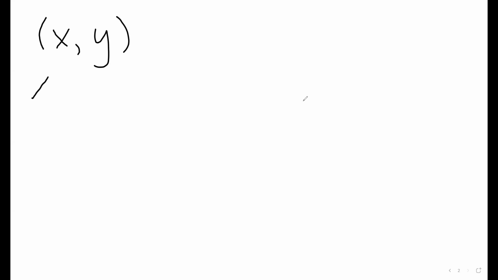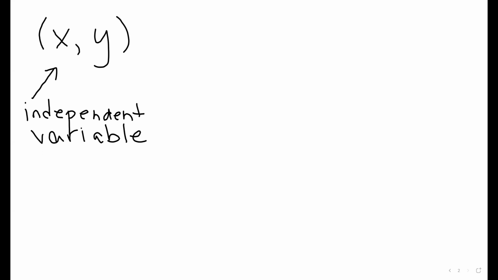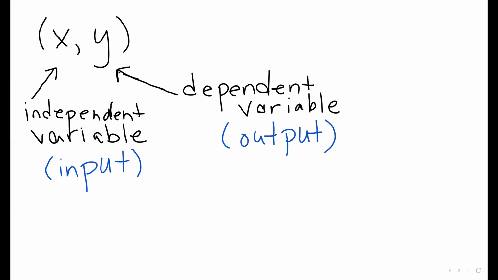X is the independent variable, and y is the dependent variable. The independent variable x is basically our input, and y, the dependent variable, is called our output.